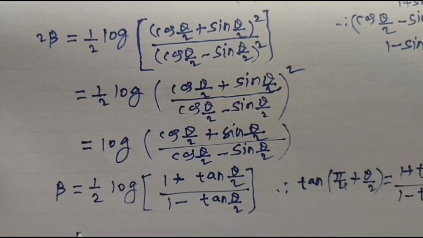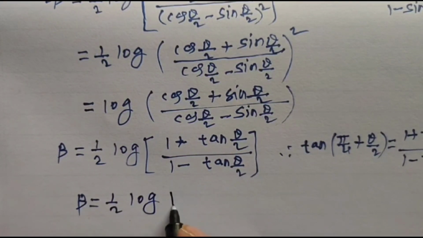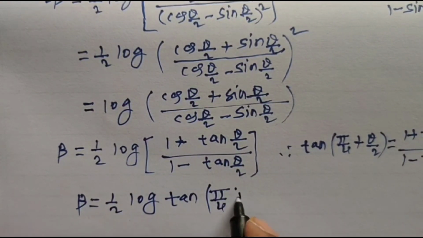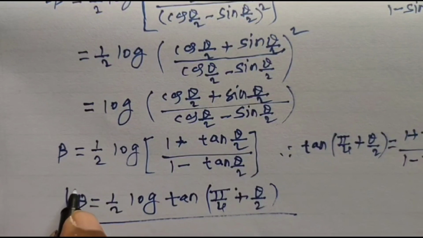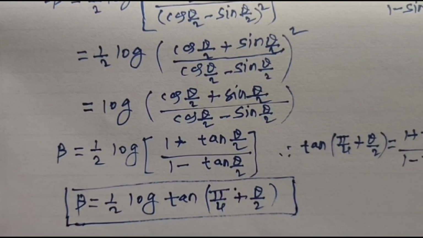So beta is equal to 1 upon 2 logarithm of tangent of pi by 4 plus theta upon 2. And this is the second part which we have to prove. Okay, in this way the first part as well as the second part we have proved.